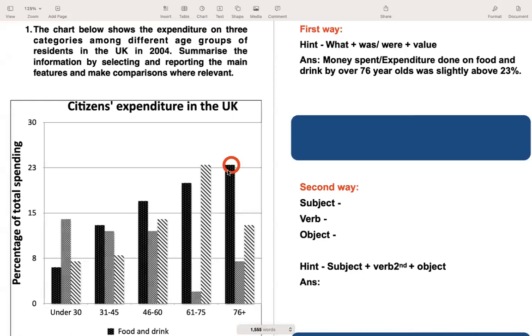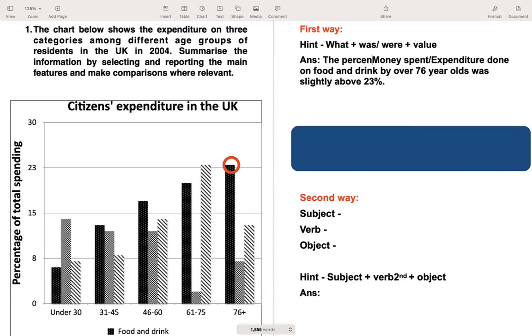One thing: if I say, for example, "The percentage of expenditure on food and drink was 23%," is it right or not? That is also perfect. The percentage of expenditure done on, that is also perfectly right.